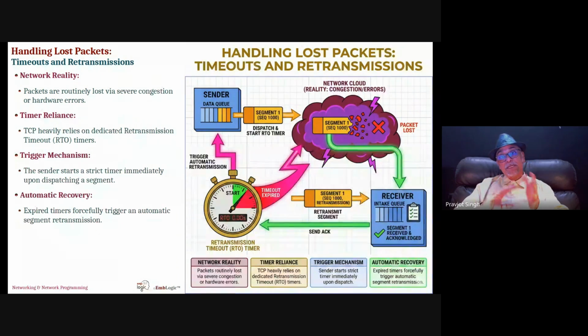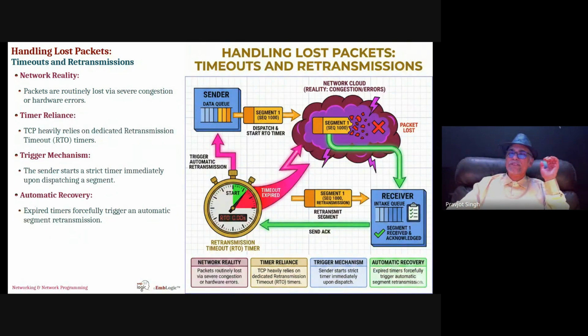If the sender fails to receive any acknowledgement within that RTO, it will retransmit, considering that the transmission had failed. This is the retransmission mechanism. It assumes that the segment was lost in transit or the acknowledgement is late, and then it sends it again. The sender automatically retransmits whenever there is a timeout on acknowledgement.